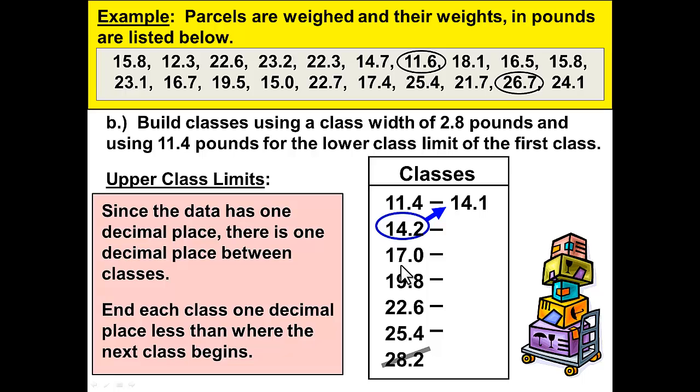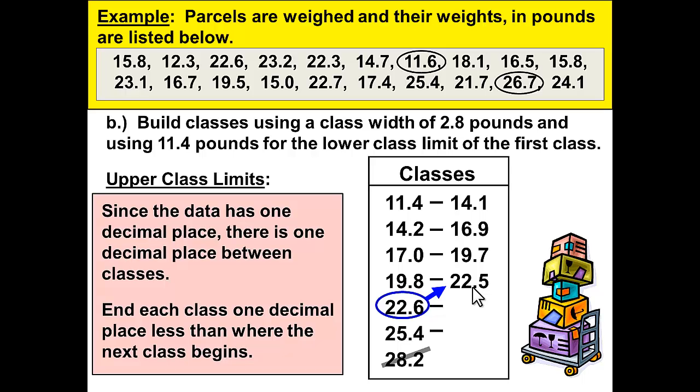If the third class begins at 17.0, then the previous class will end at 16.9. One decimal place less. Going to 19.8, the previous class will end at 19.7. Looking down to the next class, 22.6, the previous class will end at 22.5.